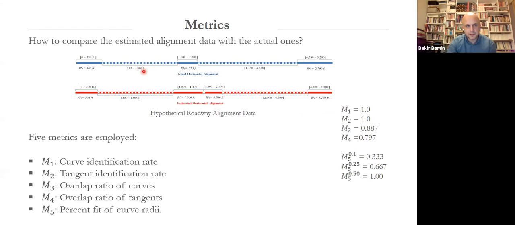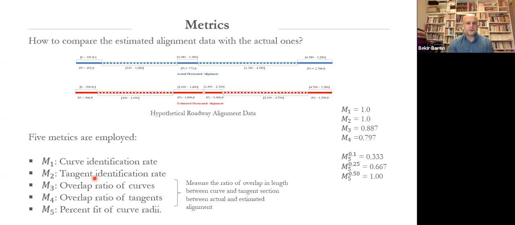Although I found 4, it checks all the curves, so the identification rate is 1. As far as the tangent sections, there are 2 of them, and I spotted 2 of them, so it is 1. This is the most common metric used in the literature to illustrate the efficiency of a curvature detection algorithm. Obviously, in this specific case, it doesn't give the entire picture. Although we are identifying curves and tangents, I have an extra curved section, which in fact was not curved.